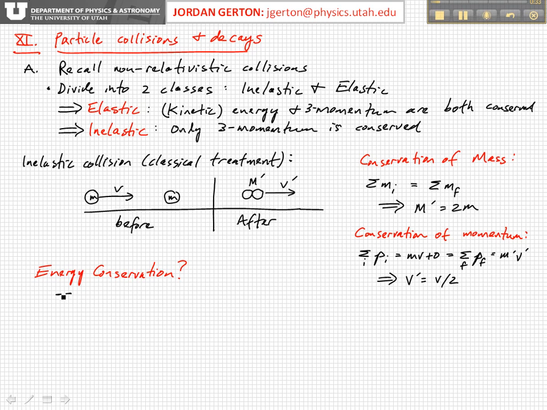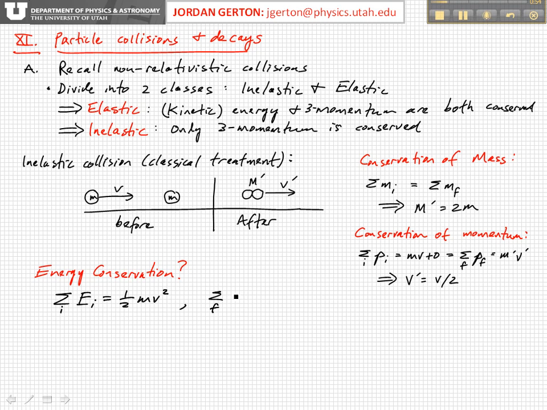So the total initial kinetic energy, which in this case is just 1/2 mv squared because the second particle is not moving and so has no kinetic energy.